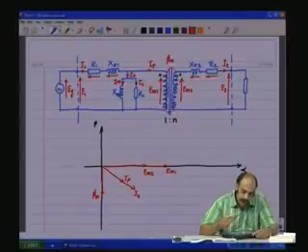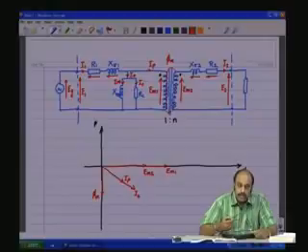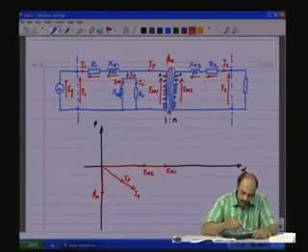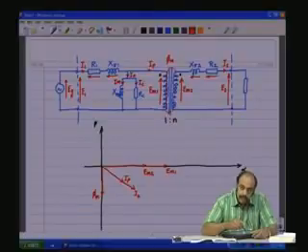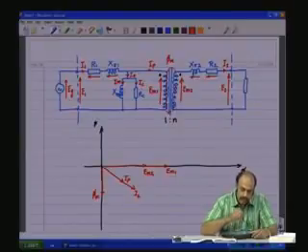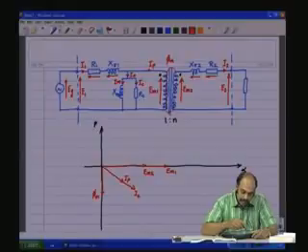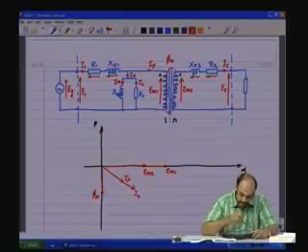Now, on including the core loss component, the magnetizing component, we know that EM1 and the voltage across RC will be in phase, because IC is the core loss component which will be in phase with EM1, and IM is the magnetizing component which will be 90 degrees lagging with respect to EM1.